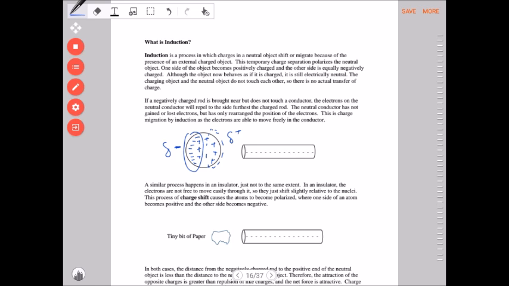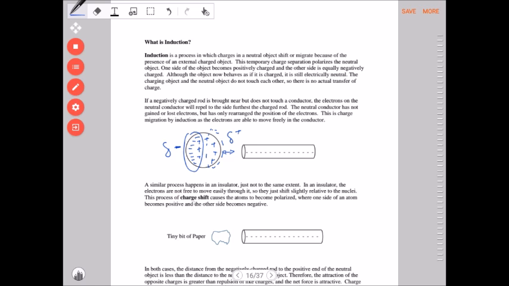Okay, so even though it's still electrically neutral, we end up with a partially negative side on the side away from the negative rod, and we end up with a partially positive side on the side nearest the rod. So ultimately what happens is there is an attractive force between these, because the partially positive side is closer to the rod, even though the ball is electrically neutral still.